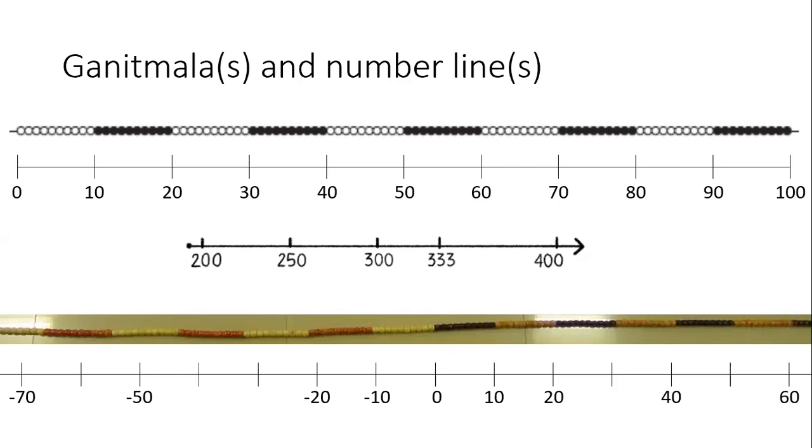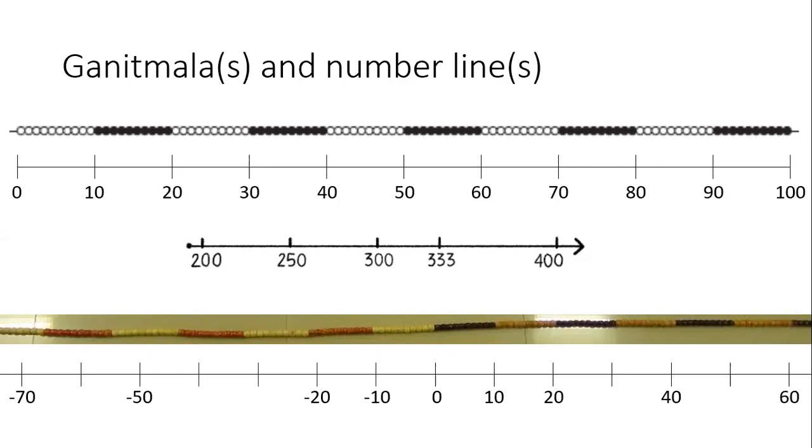This kind of number line is called an open number line, and the scaled version is called the closed number line. The scaled version, of course, has many advantages, no doubt about that. But the empty one, the open one, also has a lot of advantages when you are trying to add, subtract, and do various other explorations.